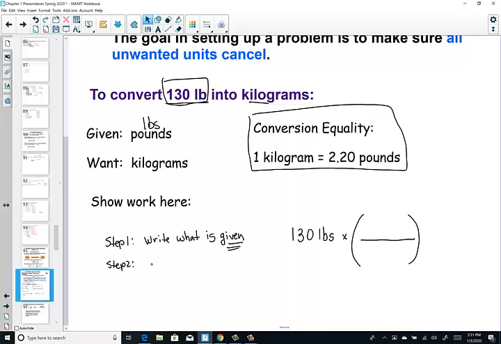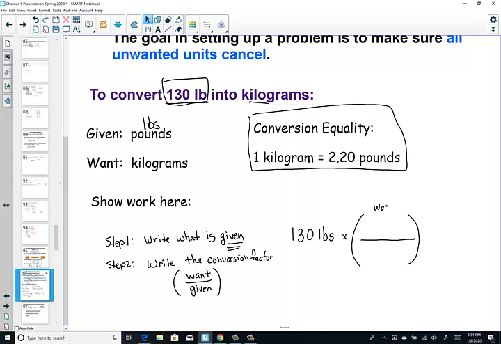So the second step is to write the conversion factor. In doing so, you want to set it up with the unit that you want over the unit that you are given so that they will cancel each other.